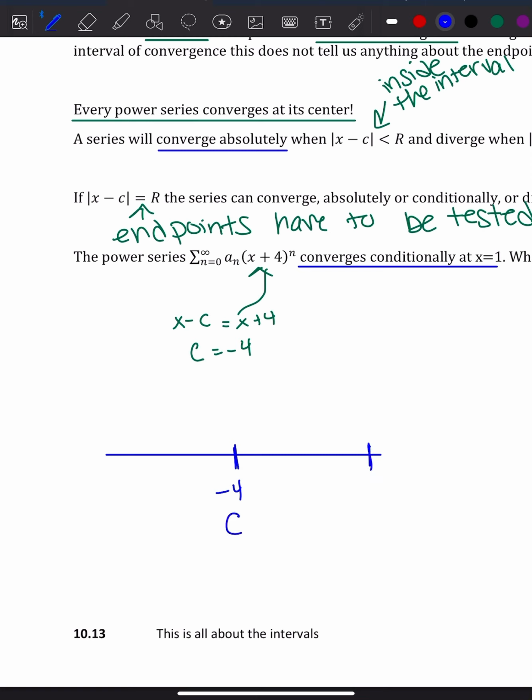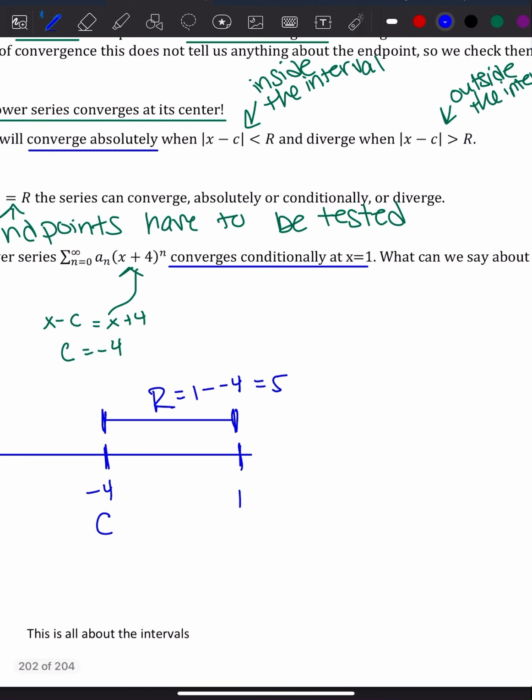Right here is 1, and this is where we converge conditionally. So if I look here, from negative 4 to 1, this distance is r. Well, I have 1 and I have negative 4, so if I do 1 minus negative 4, or 1 plus 4, this is going to equal 5, so I know r is equal to 5.